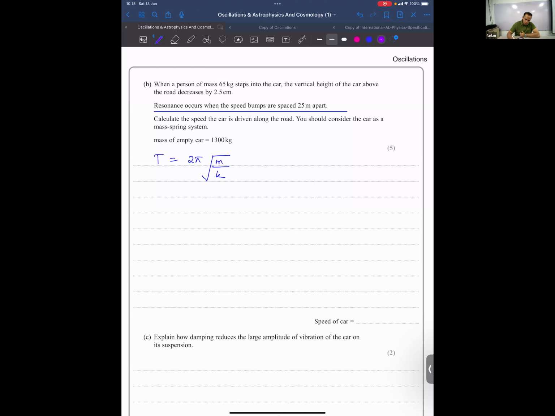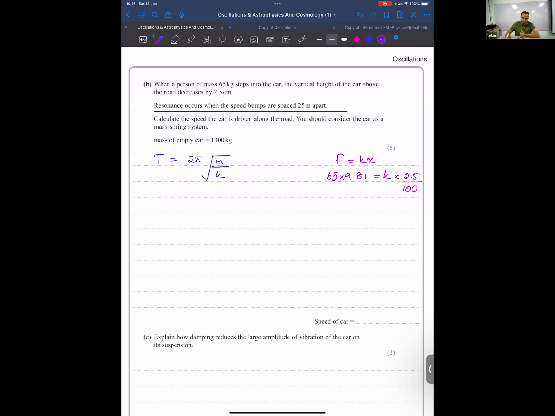So for that, I will use F equals k x. I know when the man enters with 65 kilograms, the compression is 2.5 centimeters. So that means the stiffness, I can find it from here. F is 65 into 9.81 equals k into x, where x is 2.5 over 100.